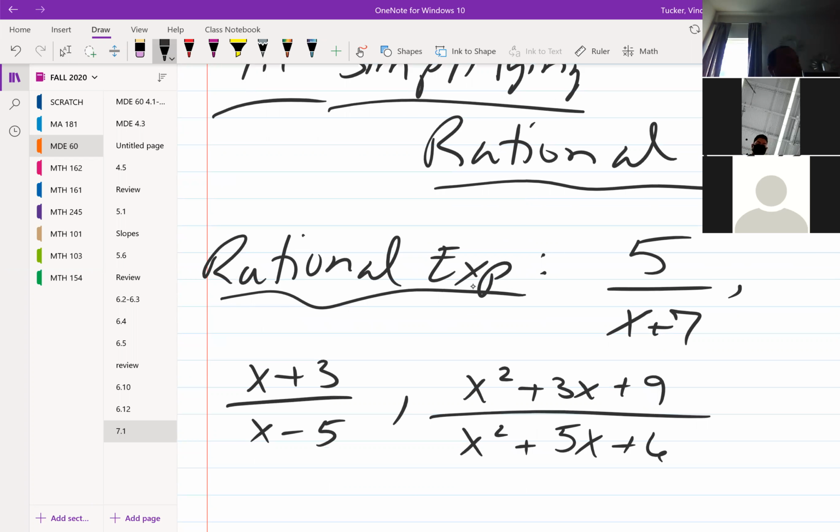Anything that, like I said, is set up as a fraction will be considered a rational expression.